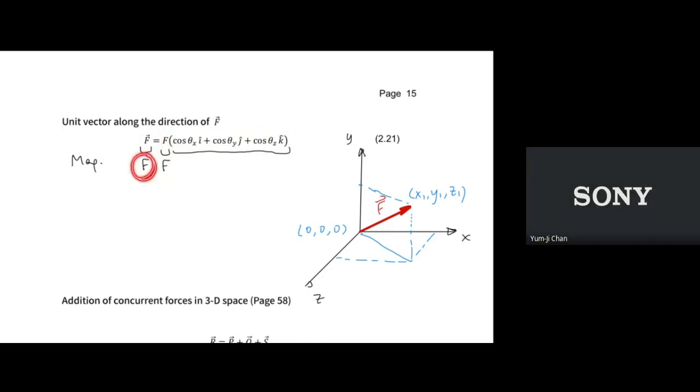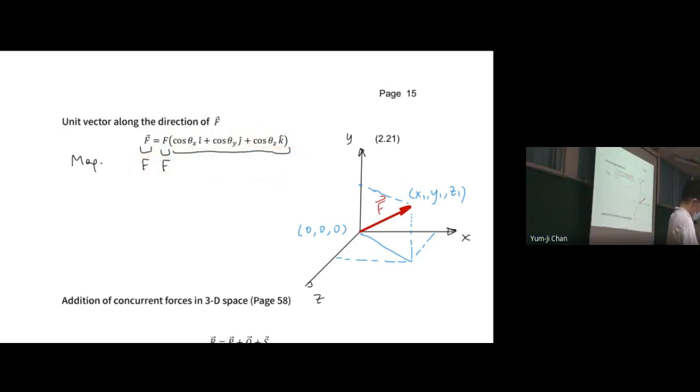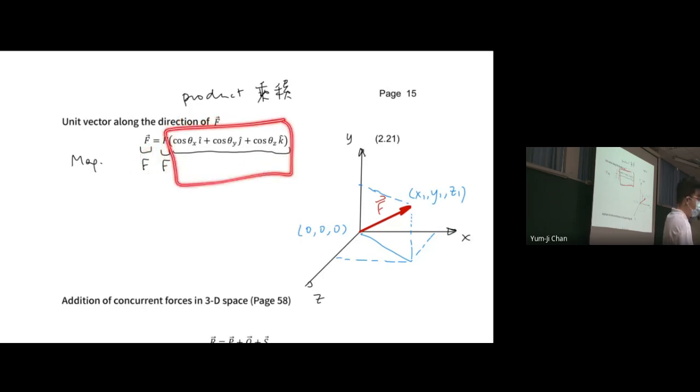So for the product of this and this to be F, what is the magnitude of this part? 1, right?